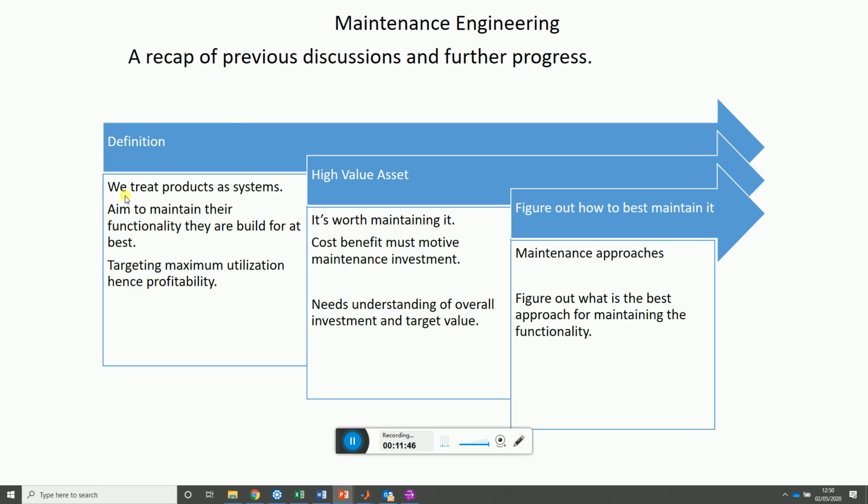We want to keep this functionality at its best. We will only do it if it proves value for that system, if it proves the investment for the system. And we will do it such that it minimizes the cost by having the best suitable approach. So what would be the best maintenance approach that will give me maximization of utilization and profitability? Okay.